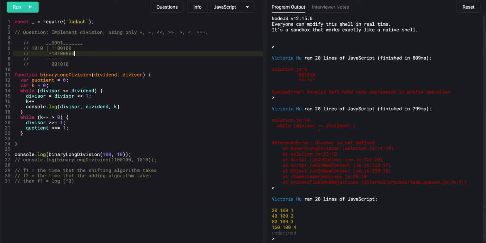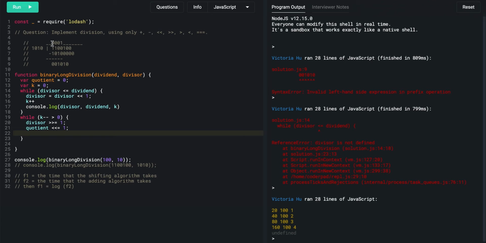So the first while loop, we would actually start with 4. It would be here. And we would want to shift the divisor right by 1. And we would want to shift the quotient left by 1. So we would add a 0 bit there.